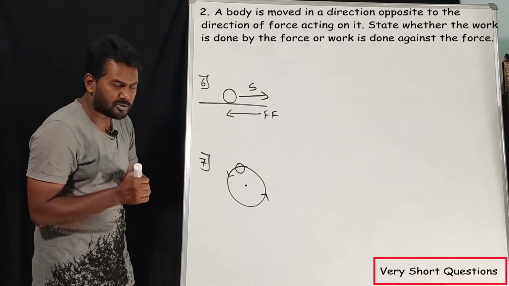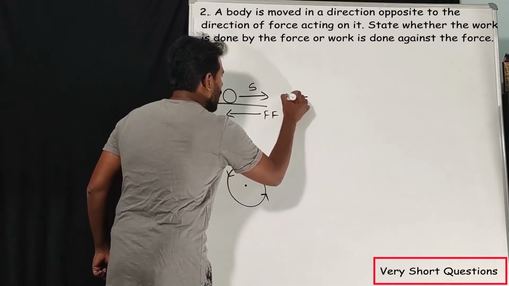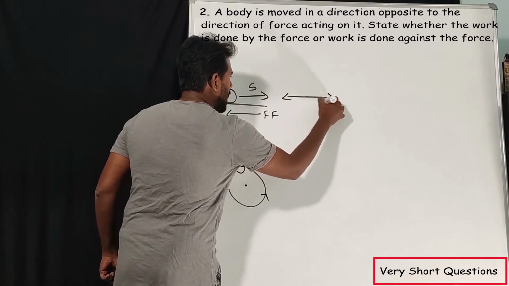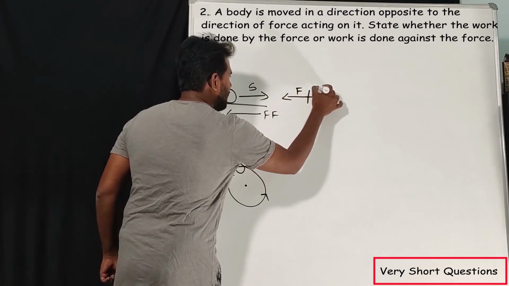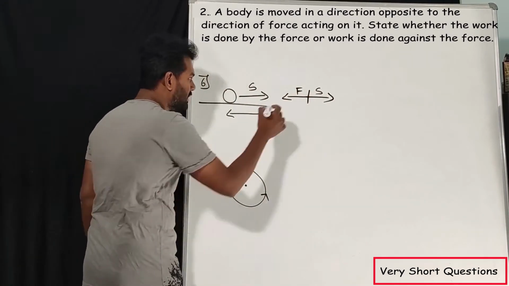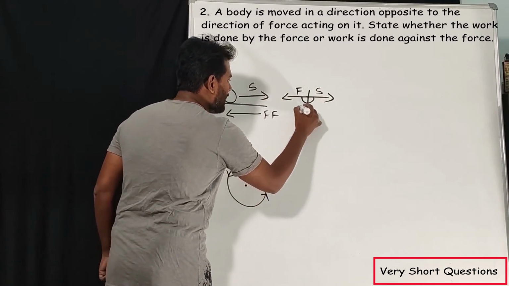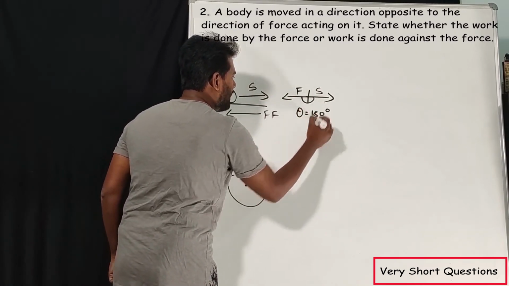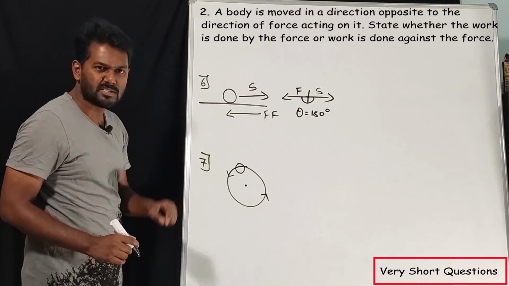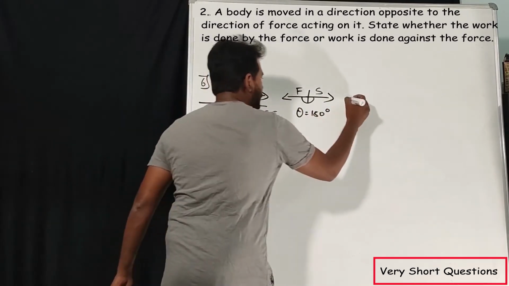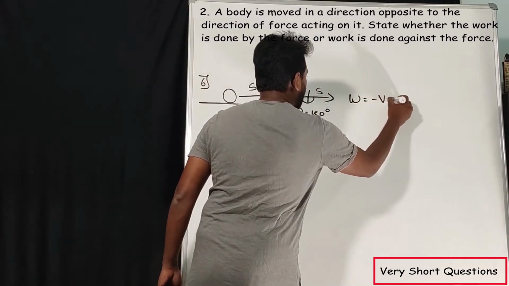Whenever these two are opposite, force in this direction and displacement in this direction, then what will be the angle between them? Theta will be equal to 180 degrees. If theta is equal to 180 degrees, work done will be negative.